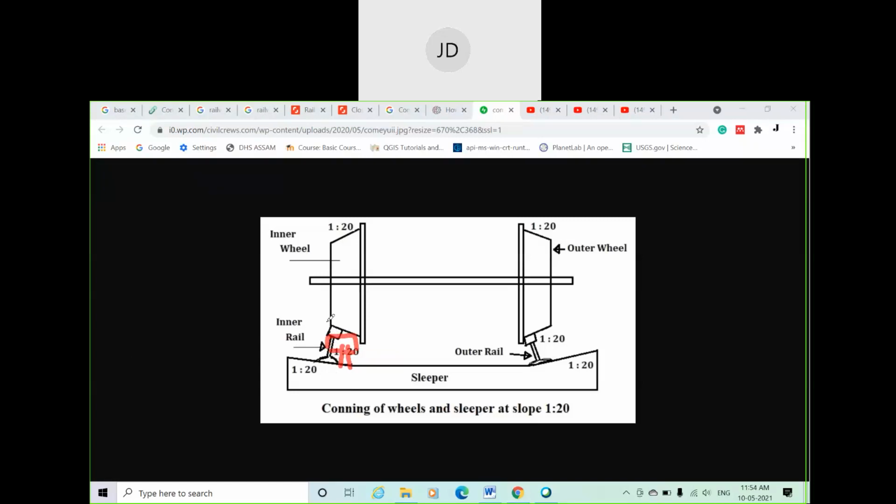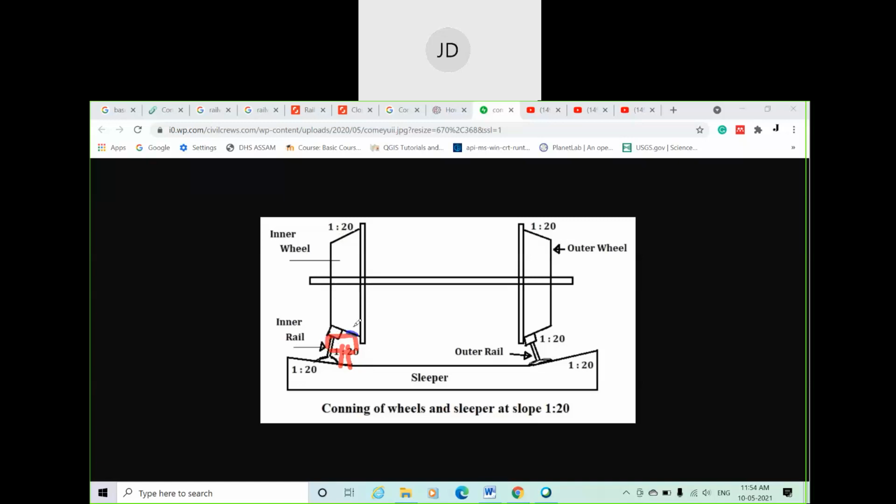You can see the point of contact with the wheel tread is only this part. The other remaining part is not in contact with the wheel. That means whatever failure will occur will be only along this part, not in this part.